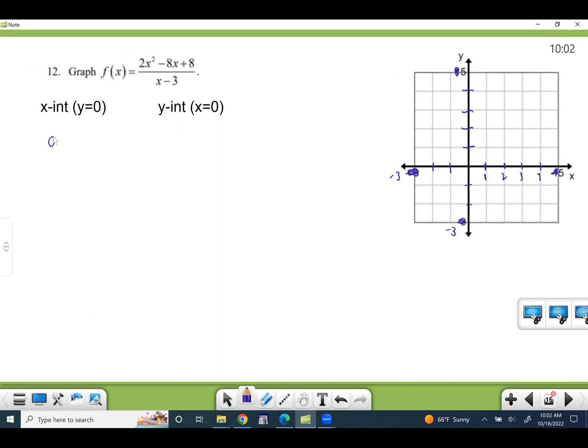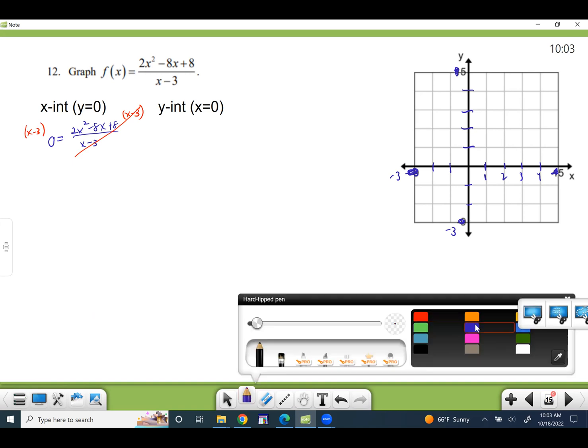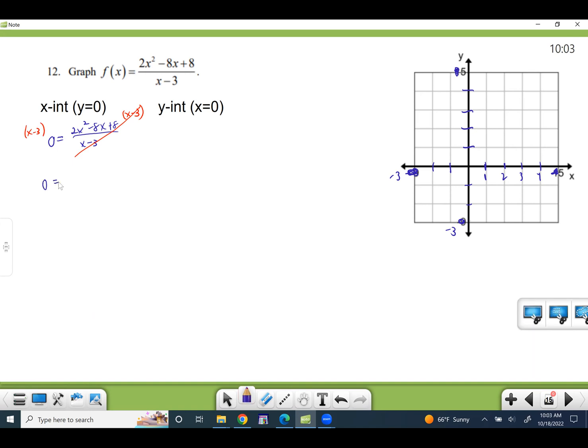So if we substitute 0 in for the y, we're going to be multiplying by the denominator of x minus 3 to make those cancel. Whatever you do to one side, you got to do to the other. 0 equals 2x squared minus 8x plus 8.